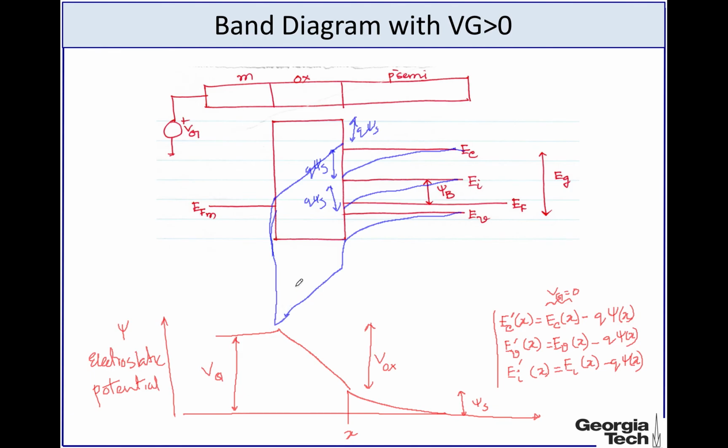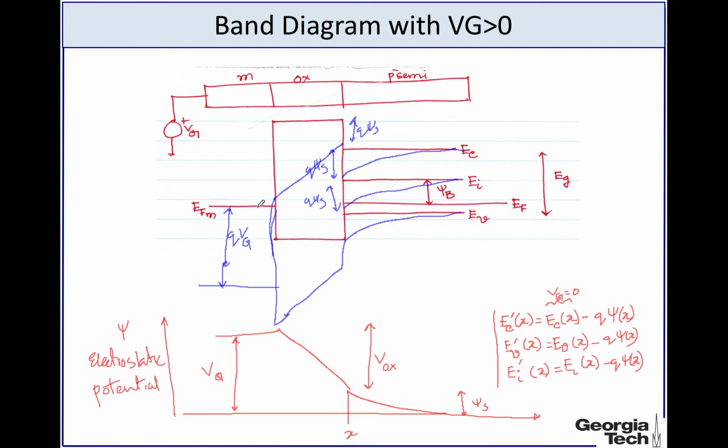So finally the band diagram in the oxide will look like this, and the EFM will change by an amount QVg. So it will be like this. So this is QVg.